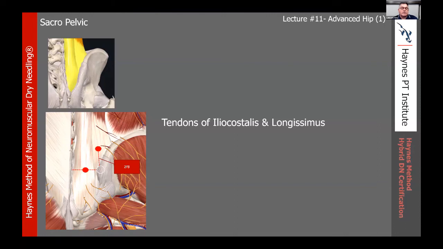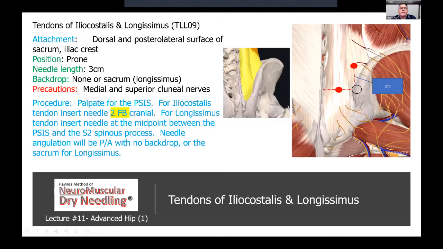To treat those as a single unit, from the PSIS, we'll go 2 finger breadths medially and 2 finger breadths superiorly, just posterior to anterior, to needle into those. Simultaneously, we will definitely also needle into the multifidus and the iliolumbar ligament on the iliocostalis side. But let's come in and take a look.